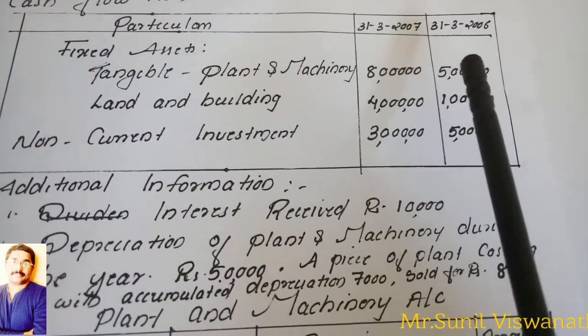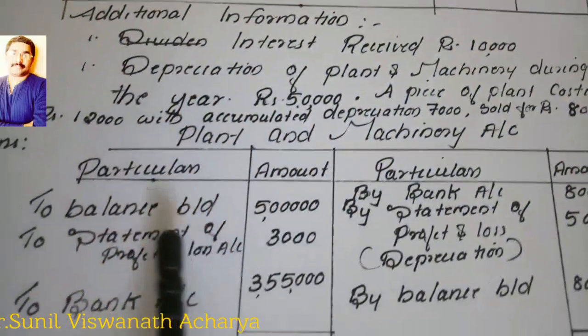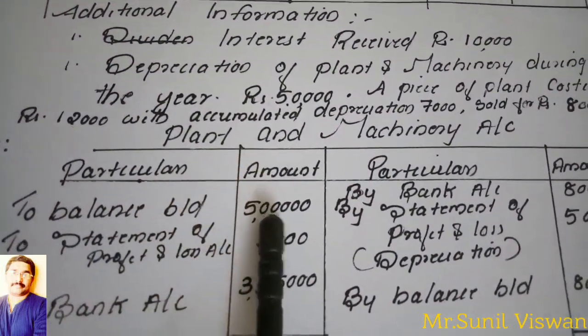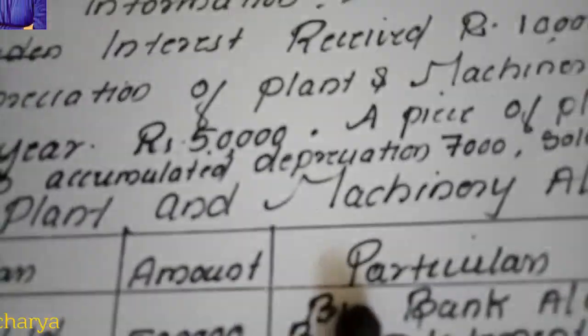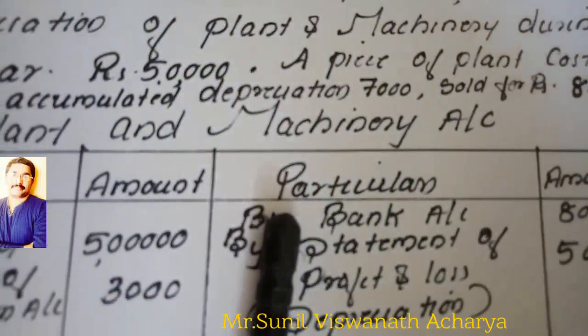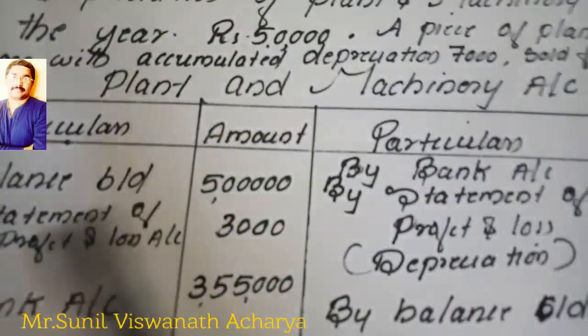An asset always has a debit balance, so the opening balance, that is the first year's 5 lakhs, we write on the debit side as to balance brought down 5 lakhs.